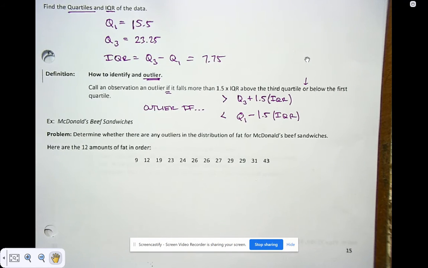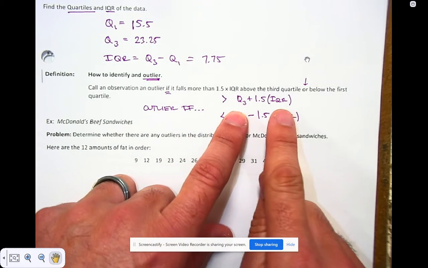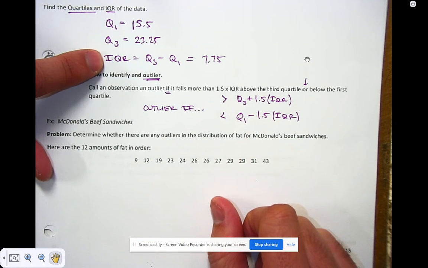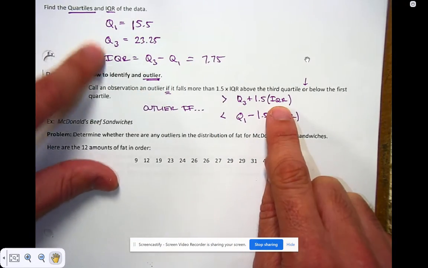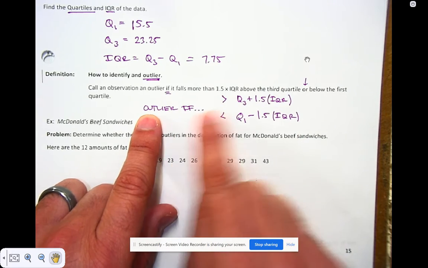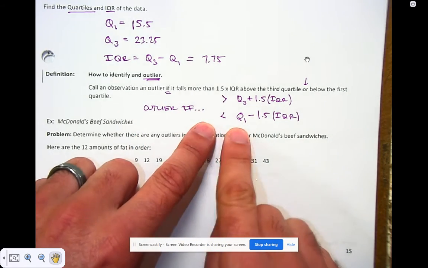Okay, and this might look confusing, but you guys, we just used that website to find quartile 1, quartile 3, and IQR. So all I have to do is type in my data, get my descriptive statistics, fill this out, and then it is an outlier if it's bigger than this number, whatever that number equals. And it's an outlier if it's smaller than that number.